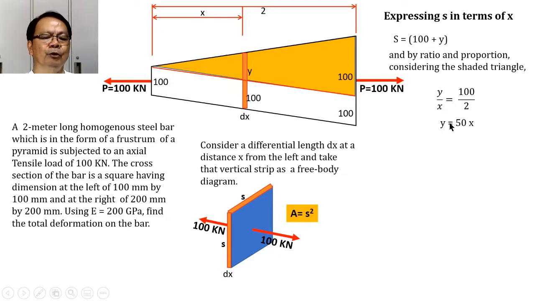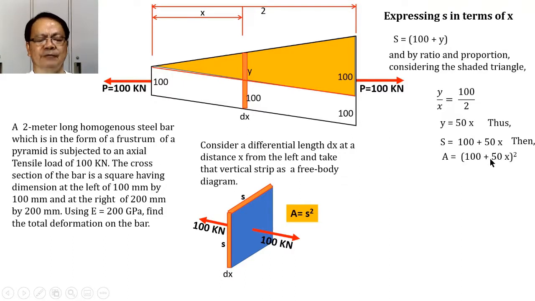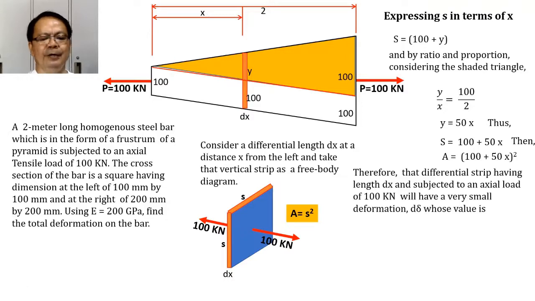Makatuwid, kung yung y ay 50x, if this will be substituted here, ang ating S ay magiging 100 plus 50 times x. And as such, we can compute for the area to be a square, and this will be equal to (100 plus 50x) quantity squared. And so we have here our area.